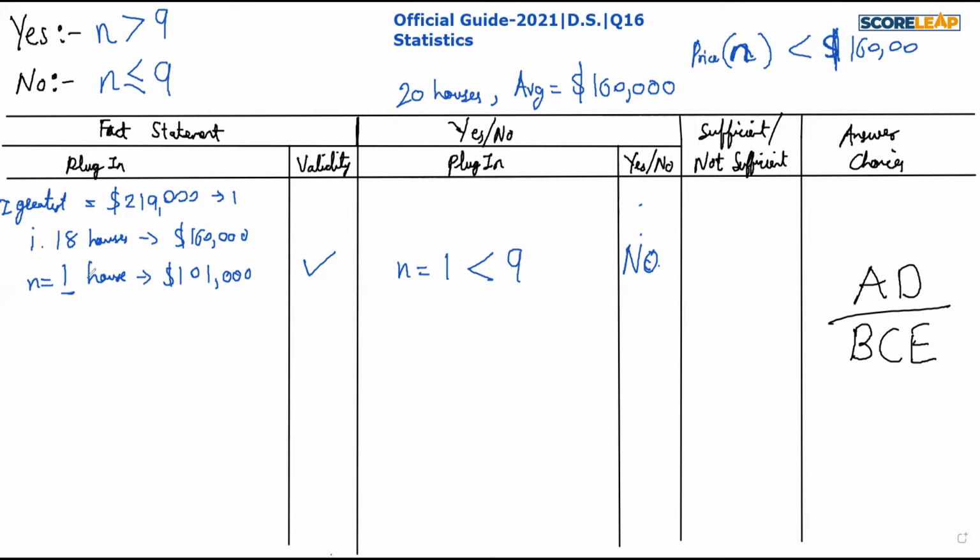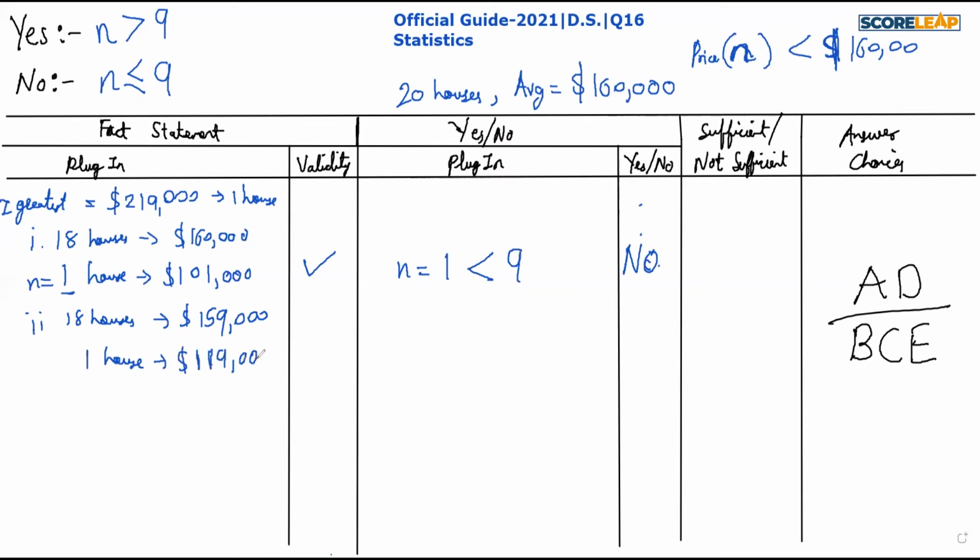There are various possibilities. Now we want a yes over here. So how can we get a yes? The greatest price is the same, one house at $219,000. Then let us price 18 of the houses at $159,000. Then the last house will be priced at around $119,000.